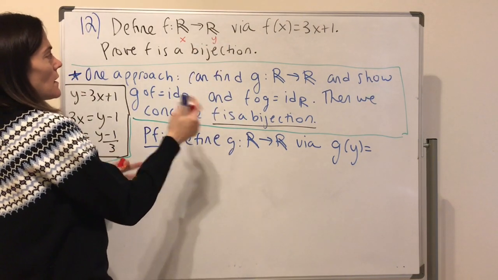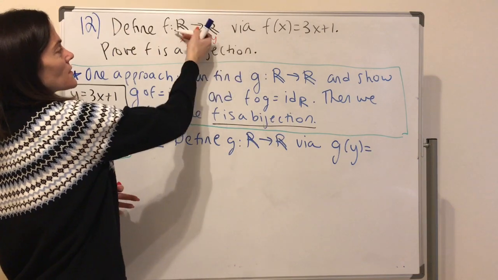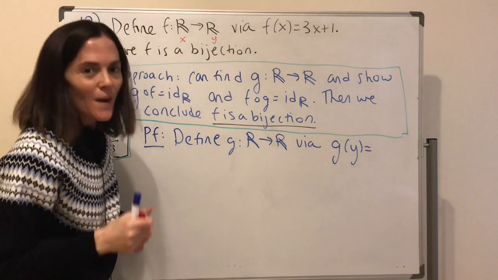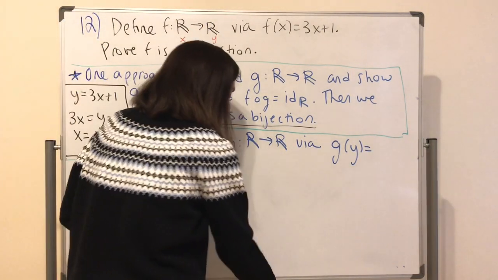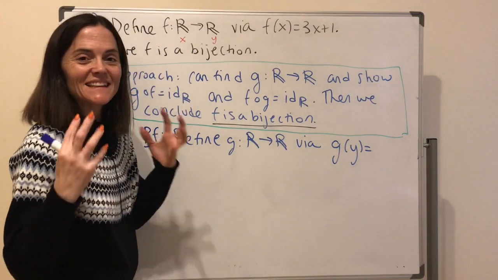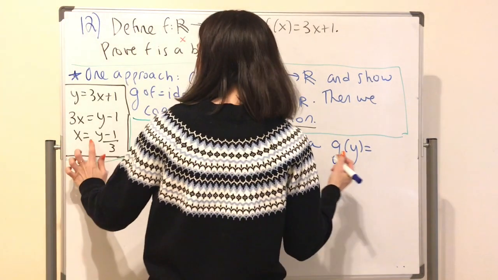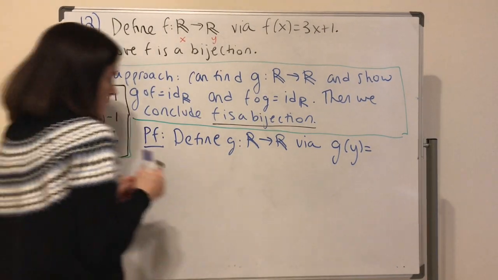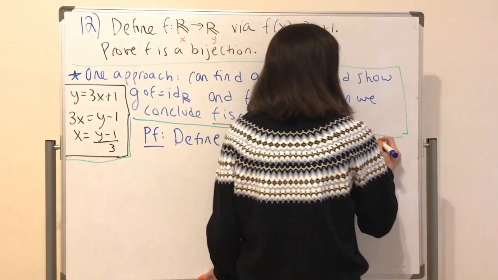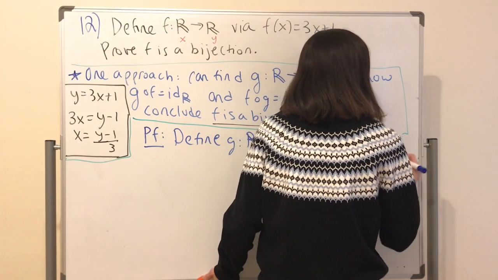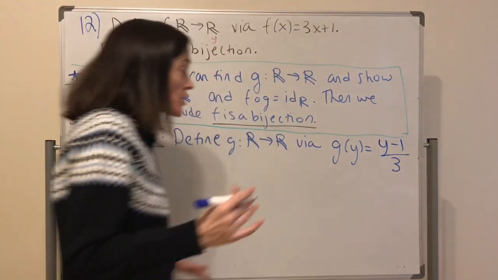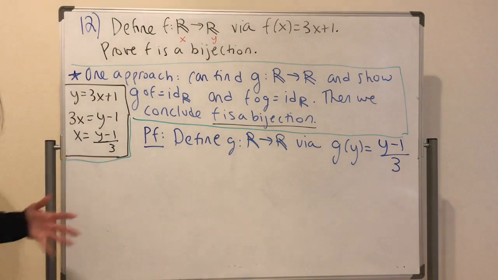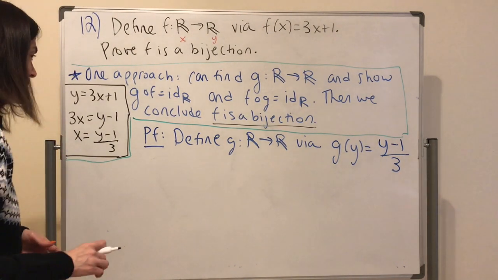And then when I go the other way, y's here and x is here, x is like G of y, like this. Don't have to do it this way, it's just the way that my mind is organizing this. So G of y is here, although I need to make sure this whole thing is divided by 3. G of y is y minus 1 over 3. We could have used the same letter, x, in this case too, it's fine.